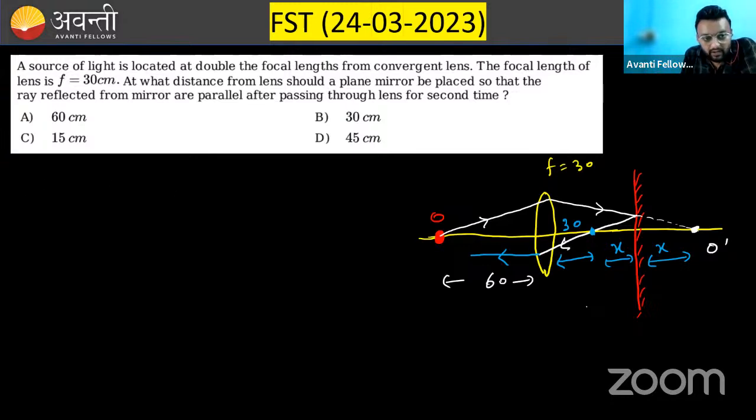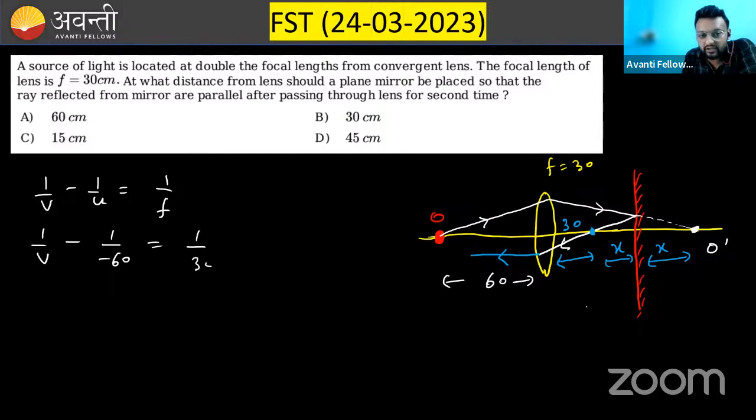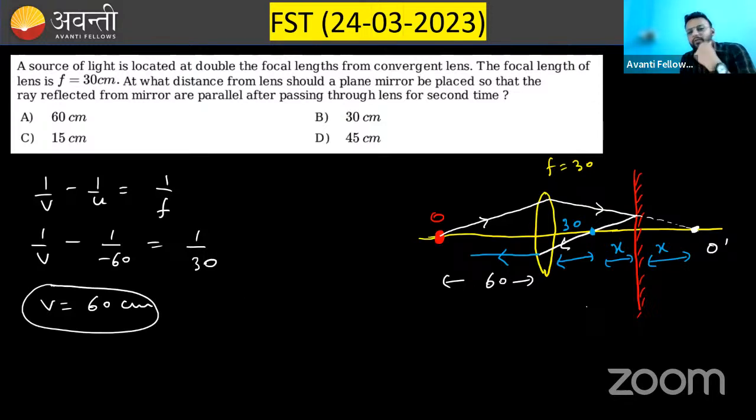So 1/v minus 1/u is equal to 1/f. If you place the values, 1/v minus 1/(-60) is equal to 1/30. If you solve this, you will get v equal to 60 centimeter.